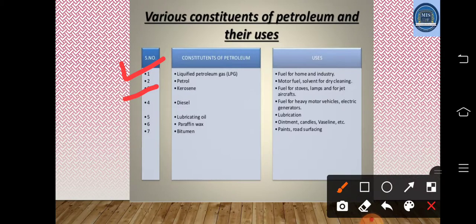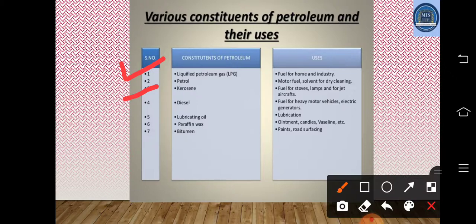Then we have kerosene. Kerosene is a fuel for stoves, lamps, and jet aircraft. Then the fourth constituent is diesel. Diesel acts as a fuel for heavy motor vehicles and for electrical generators.